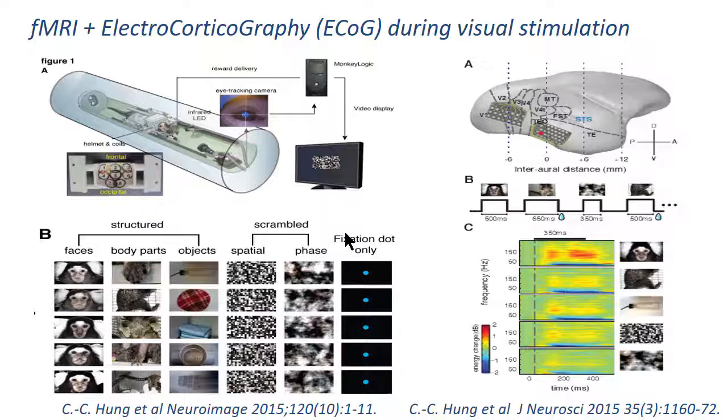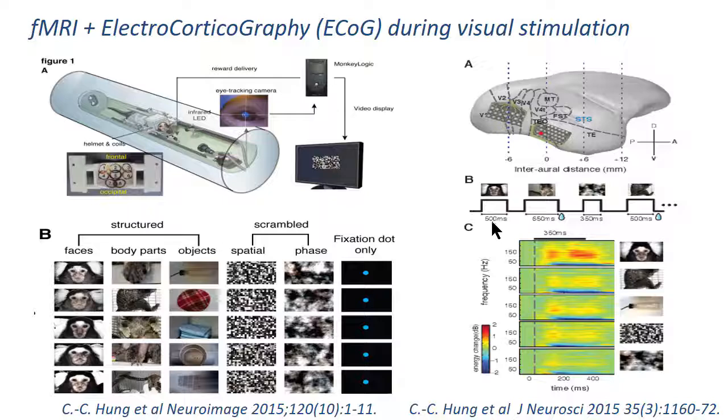So the first example that I'm going to give here is using fMRI and electrocorticography (ECoG) arrays doing visual stimulation. One of the things that wasn't known about marmosets is whether their visual pathway would have specialized areas for detecting faces versus other objects. So we did a block design where the stimuli were composed of images that were classified into different structures such as faces or body parts or objects, and we also had some controls.